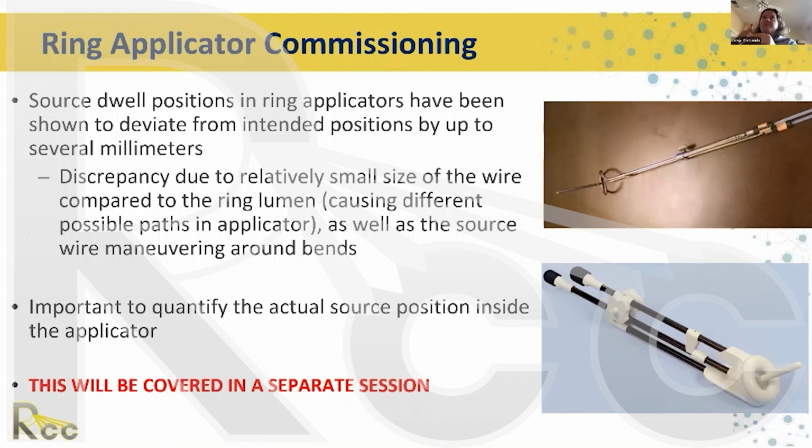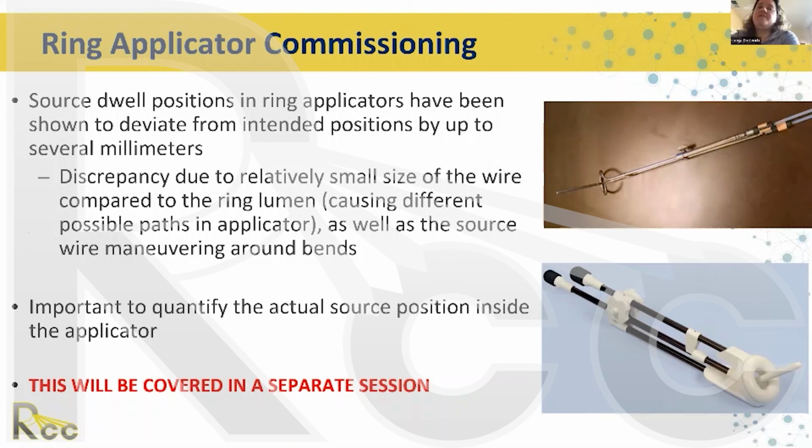So what happens is when the source wire goes into the ring, you push it in, it goes along the outside. And then when you pull the source back, for the first few millimeters, it's just the source wire tightening in the ring, going to the inside of the lumen and then pulling back. So that's the origin of that.